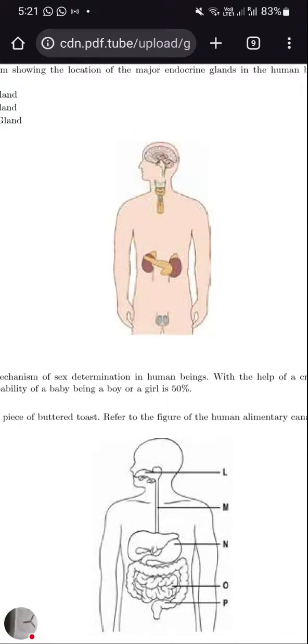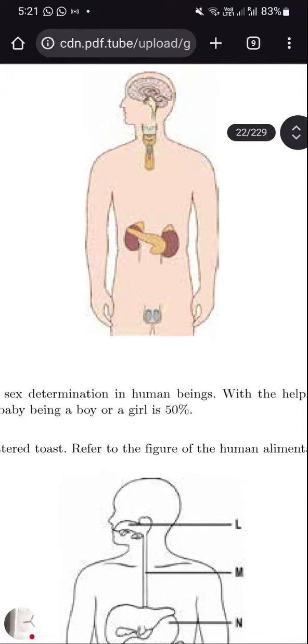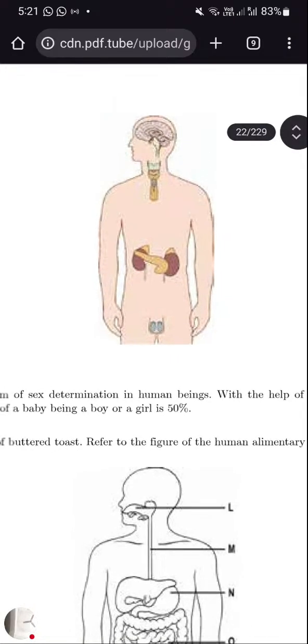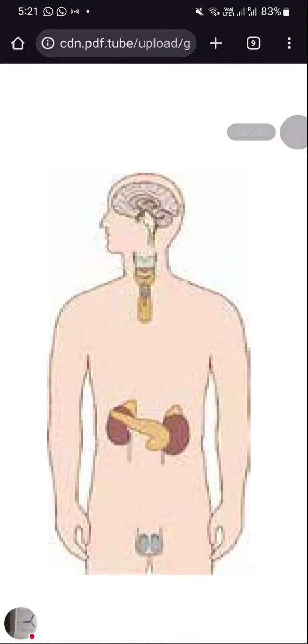Just above the kidney, on the top of the kidneys. You can see the yellow colored outgrowth there. And the third one, the pituitary gland. Where is the pituitary gland present? You can see the flower-like representation in the brain; the lower flower region is the pituitary gland.